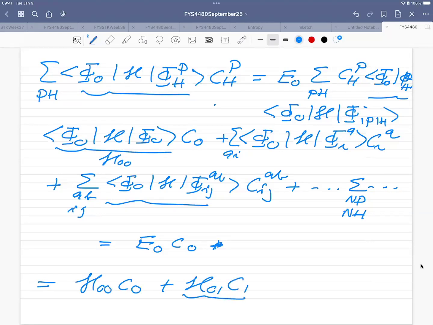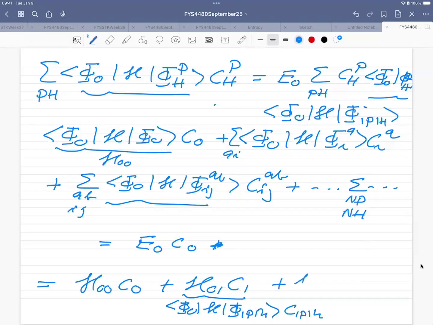And this is going to represent this whole block of phi 0 of H with phi 1 pH, one particle, one hole, C, one particle, one hole. I'm trying to find a more compact way. So this 0 and 1 now means a whole block of matrix elements, but I'm writing them in a more compact way, where I have all the one particle, one hole coefficients. So it's a more compact notation.